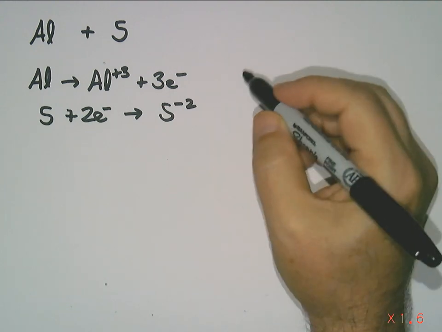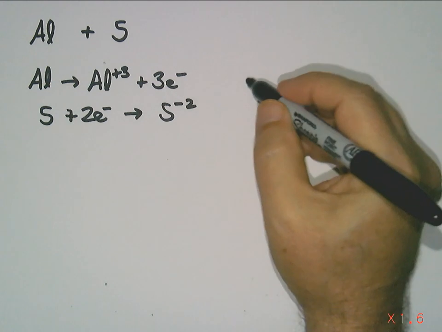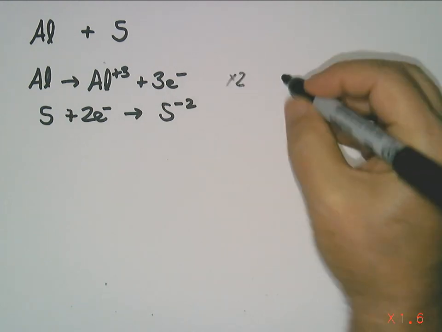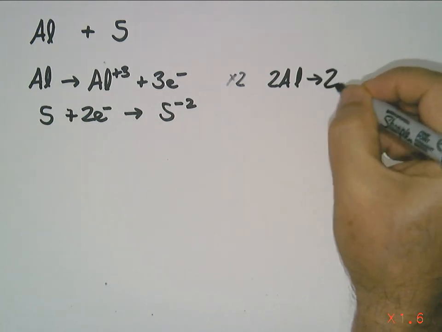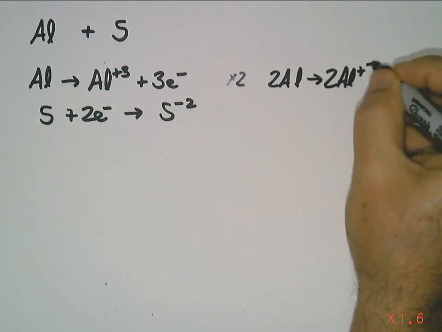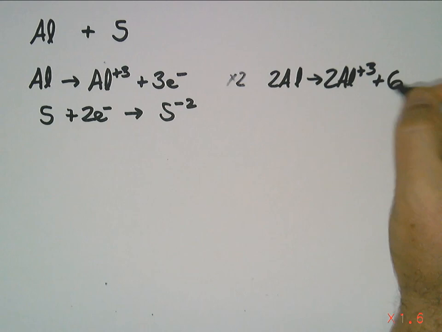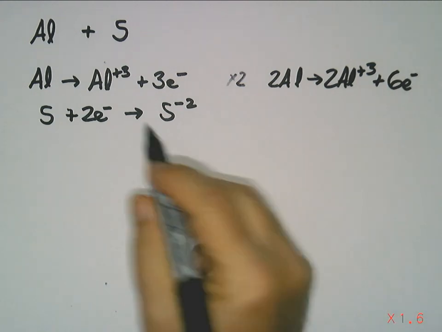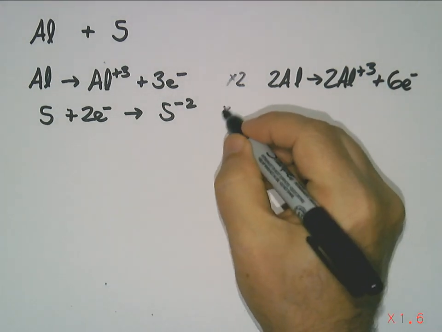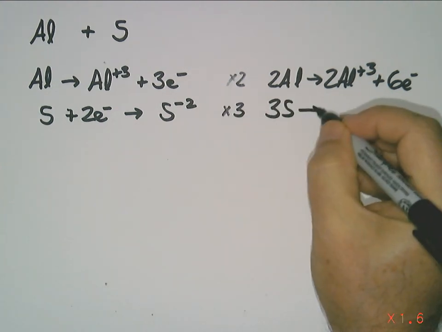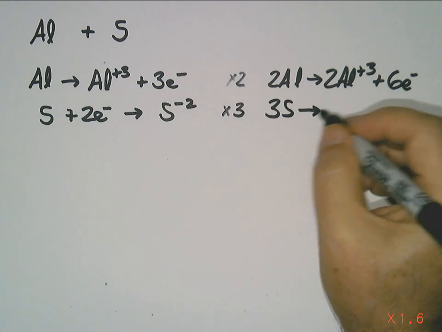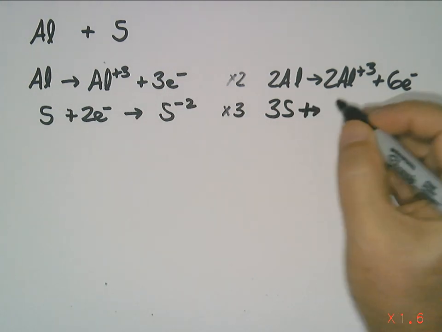Well, if I multiply the top one by 2, I'm going to get, and if I multiply the bottom one by 3, I'm going to get, whoops, I forgot the electrons.